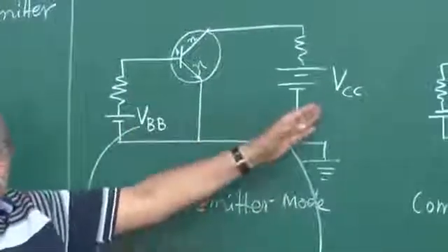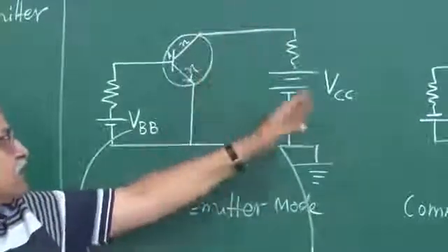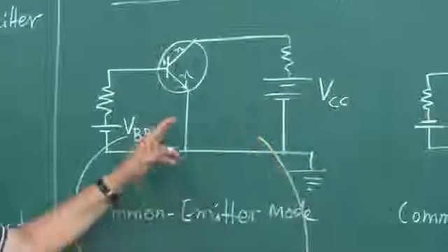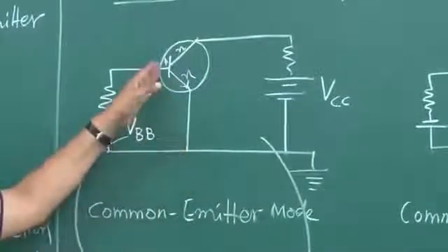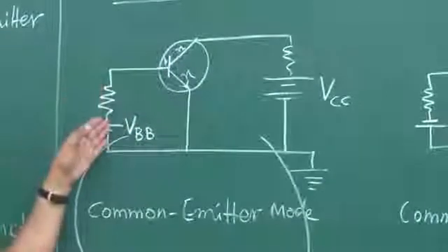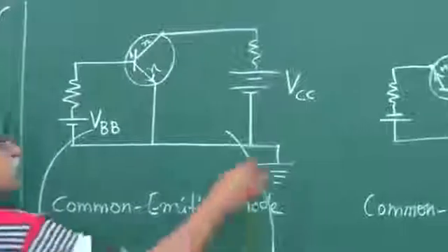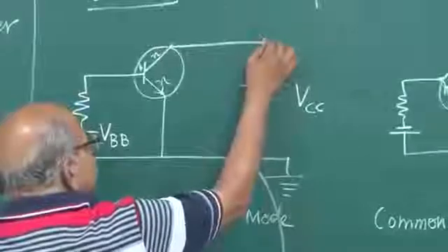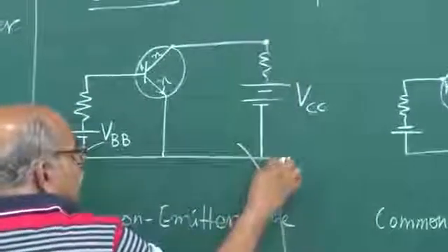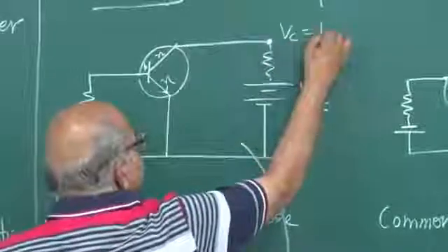Emitter is not mentioned in this nomenclature, and this collector side is connected to the collector, so it is CC, and this side once again the emitter is not mentioned, and then it is connected to base, so it is VBB. And with a single C you can write VC, that is the potential of this collector. So this potential as compared to this 0, that is VC, which is in fact same as VCE.